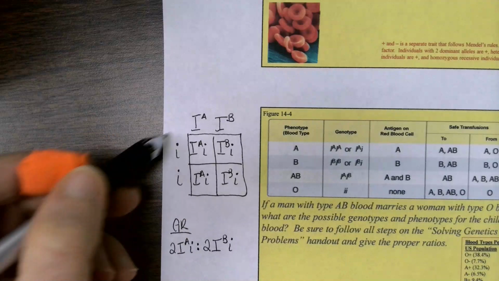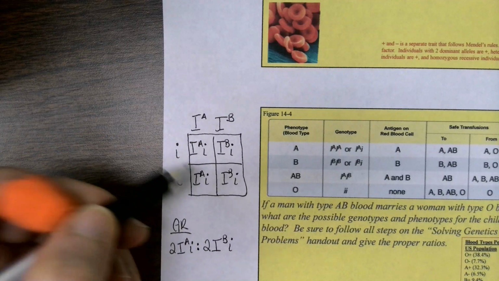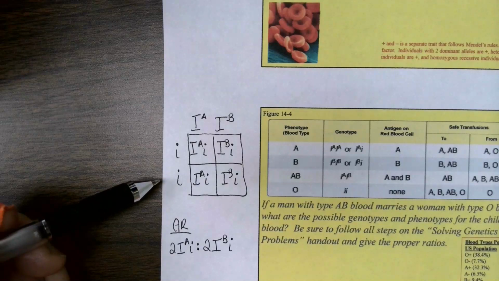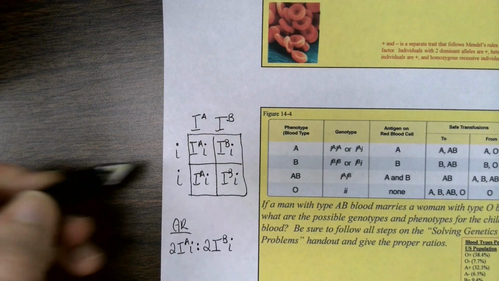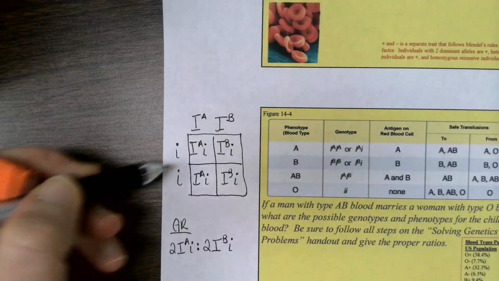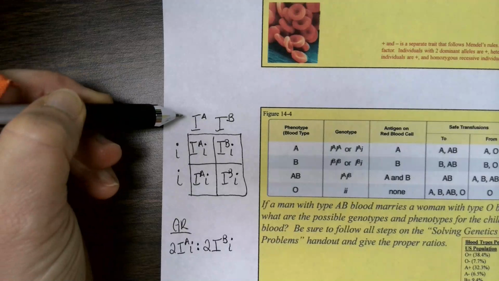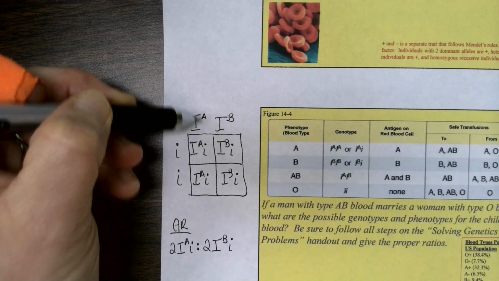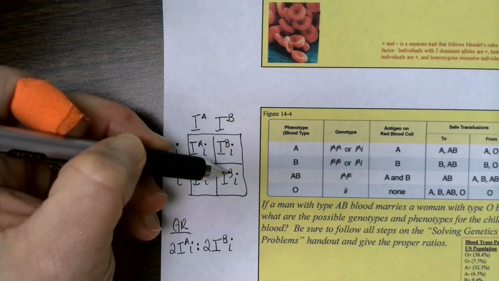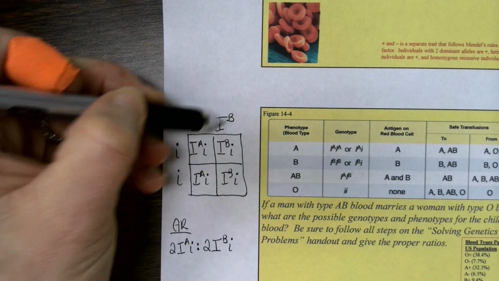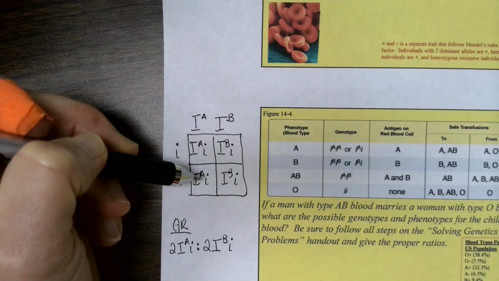So none of their children are going to have the same blood type as either parent, okay? And so the mother could donate blood to one of her children just based on the ABO blood groups, but the father could not, because again, this A antigen is going to be foreign to these kids that fall in this half, the B antigen foreign to any kids that fall in this half.